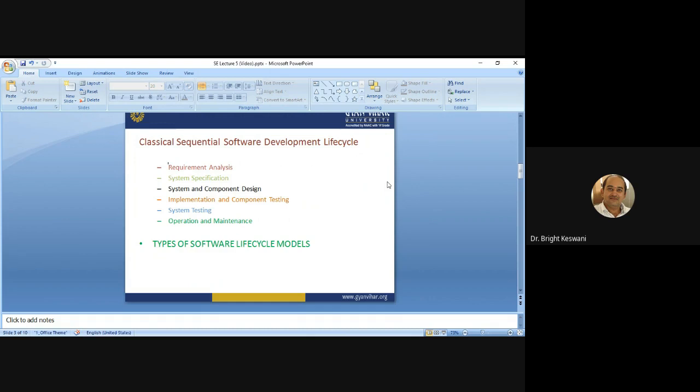So these are the major activities, starting from refining the algorithm for each individual component and ending with correcting the components that possess errors.